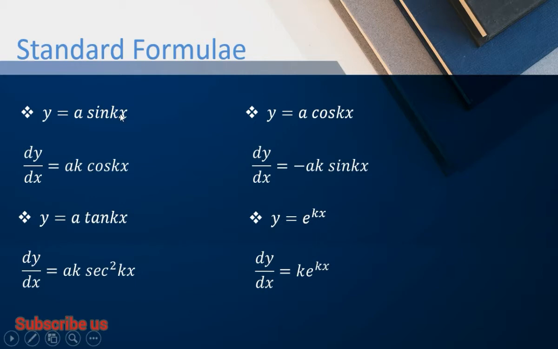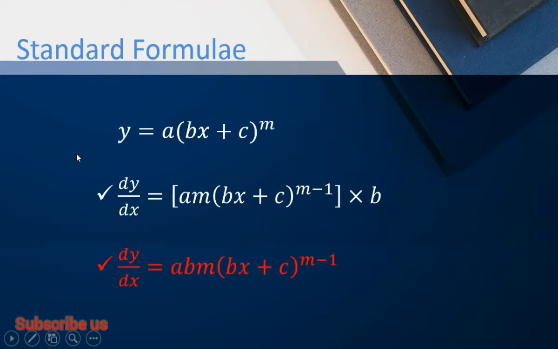By differentiating kx, we get k. A is a constant coefficient. So ak cos kx. In this case, we differentiate the angle and then multiply it by cos of the angle itself.